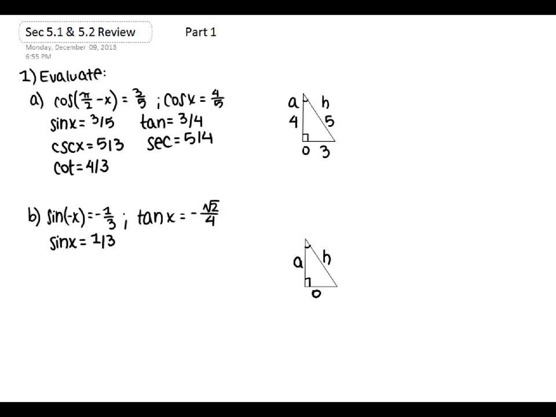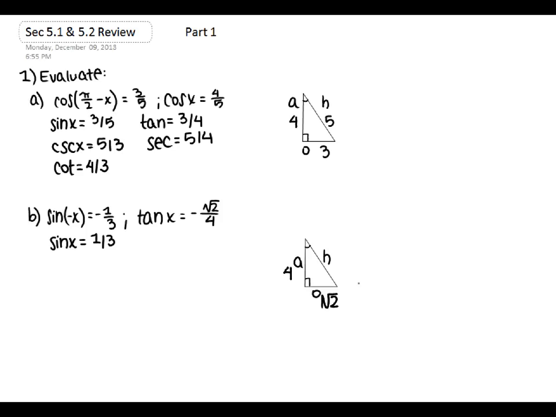Okay, so now the labeling will be a little trickier. We're going to start with tan. We're not going to put in any negatives. Okay, so tangent is opposite over adjacent, so √2 and 4.